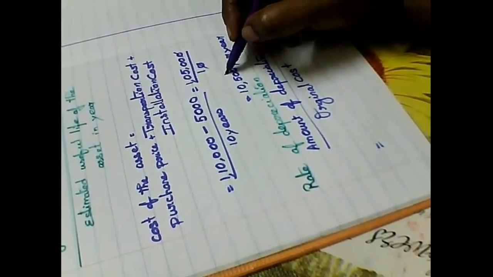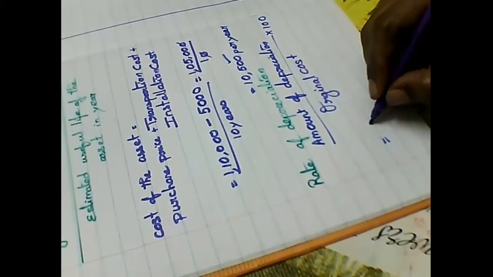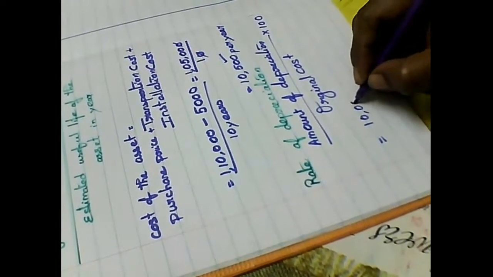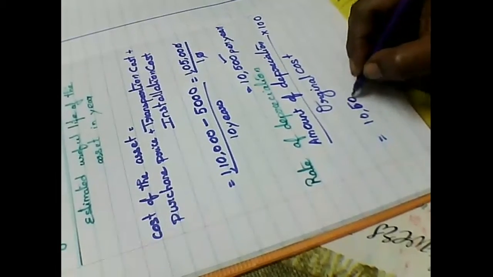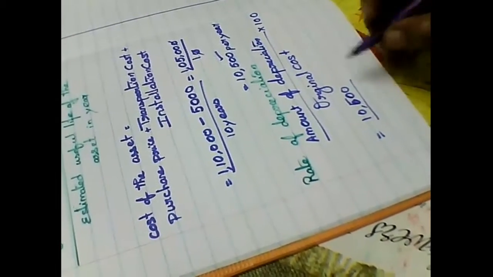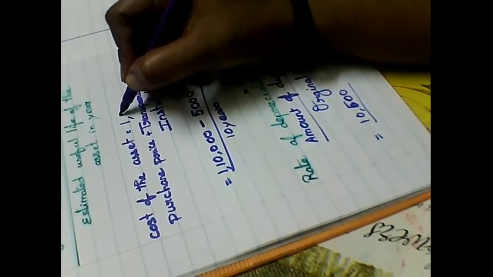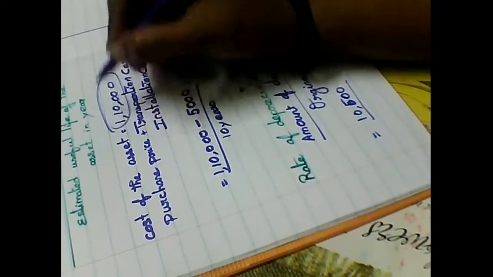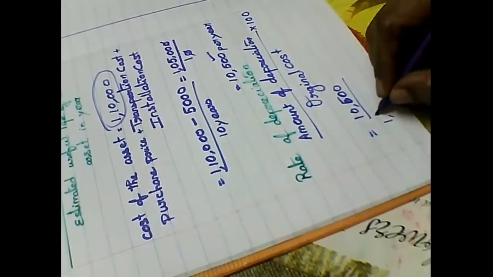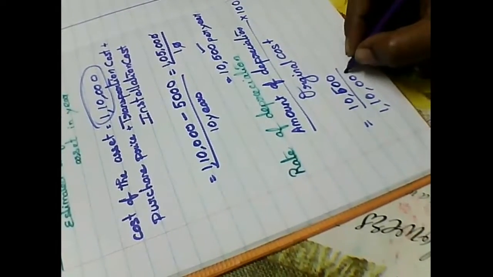Here the amount of depreciation we calculated is 10,500. Now we are going to show this as a percentage, that's all. So divided by the original cost. What is the original cost here? That is 1,10,000, as we have already estimated.